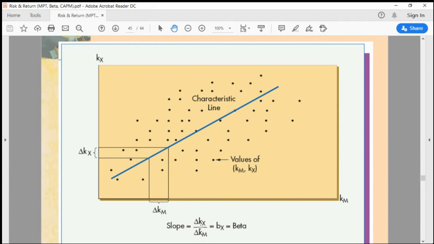Why? Well, if the market return is something like this, let's say 15%, what if the market return is 15%? And let's say the slope of the trend line is 2. It's not two.